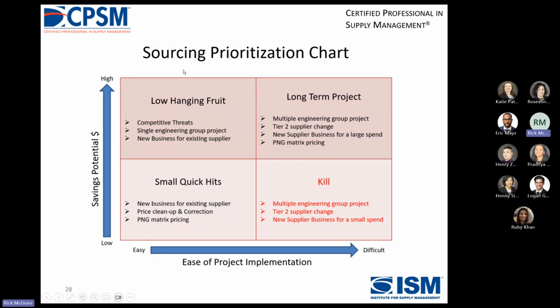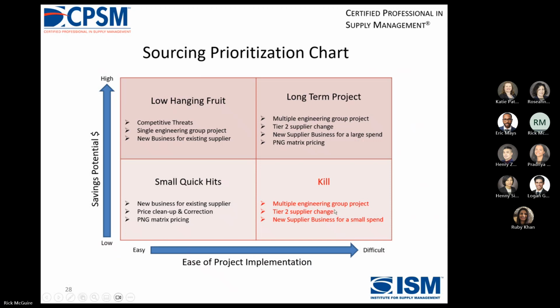So here's a sourcing prioritization chart. Another one, kind of like the Kraljic matrix. So savings potential from low to high, and ease of implementation from easy to difficult. So these are the small quick hits, small savings, but very easy to implement.